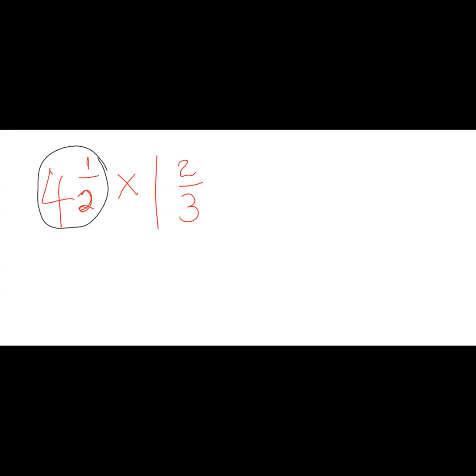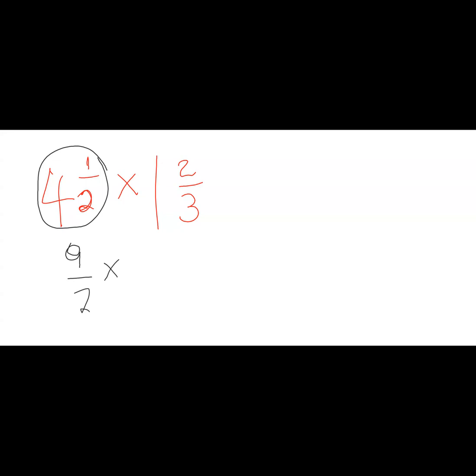So we're looking at 4.5. The improper fraction for this would be what? 4 times 2 is 8, 8 plus 1, we have 9/2. That would be multiplied by 5/3.